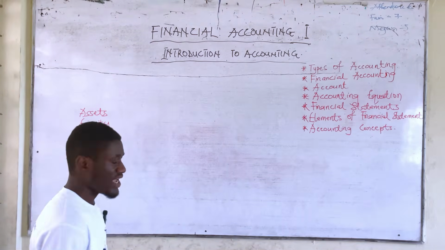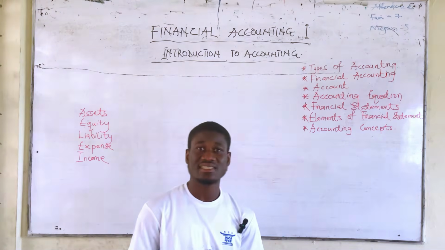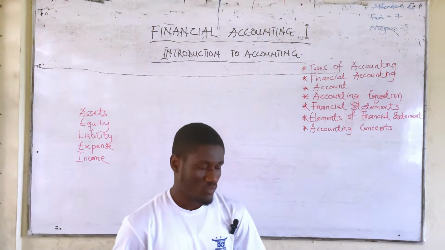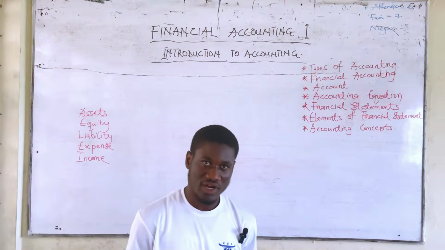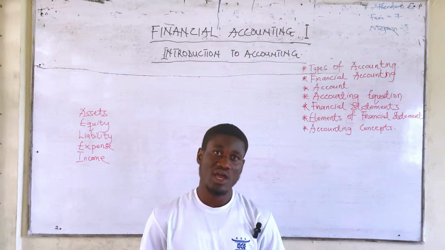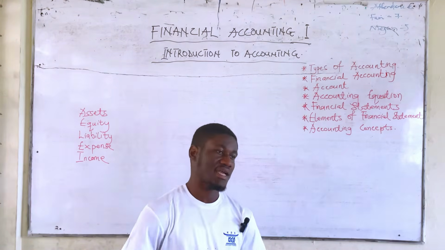Good. And the current liabilities are obligations payable within a year. You have to settle them within a year. Under the current liability, we have the bank overdraft, expenses accrued, income prepaid, trade payables, and the likes.